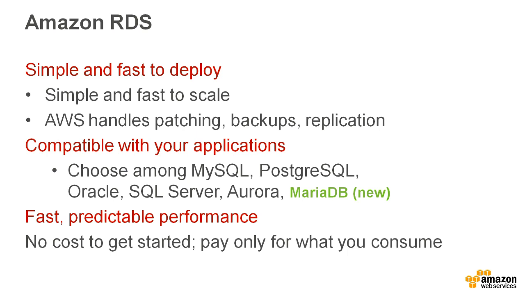You can store your data, retrieve your data, and do all the operations that you can do with any traditional SQL based database that comes with Amazon RDS. AWS handles patching, backup, and replication. It is compatible with your application. Choose among the available databases. Amazon has its own database, that is Aurora, and the new one is MariaDB.